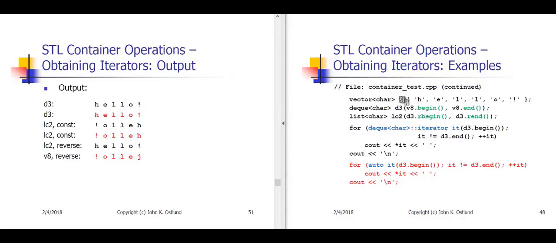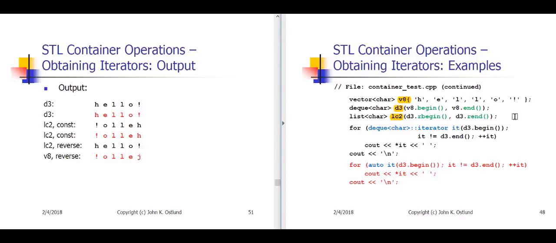We start out by creating v8, which is a vector of char containing 6 chars, HELLO exclamation mark. Then we use iterators on v8, v8.begin and v8.end, to create d3, which is a deck of char. lc2, on the other hand, is using reverse iterators, rbegin and rend.